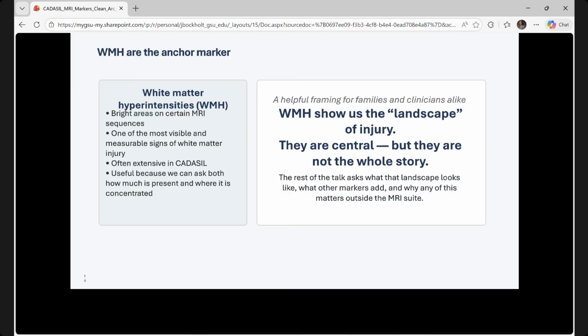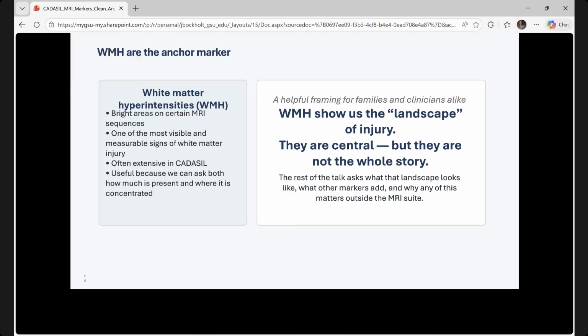The reason I frame it that way is if you compare lesion burden alone to the clinical symptoms, functional outcomes, cognitive testing, and so on, it doesn't statistically explain all of the variance.